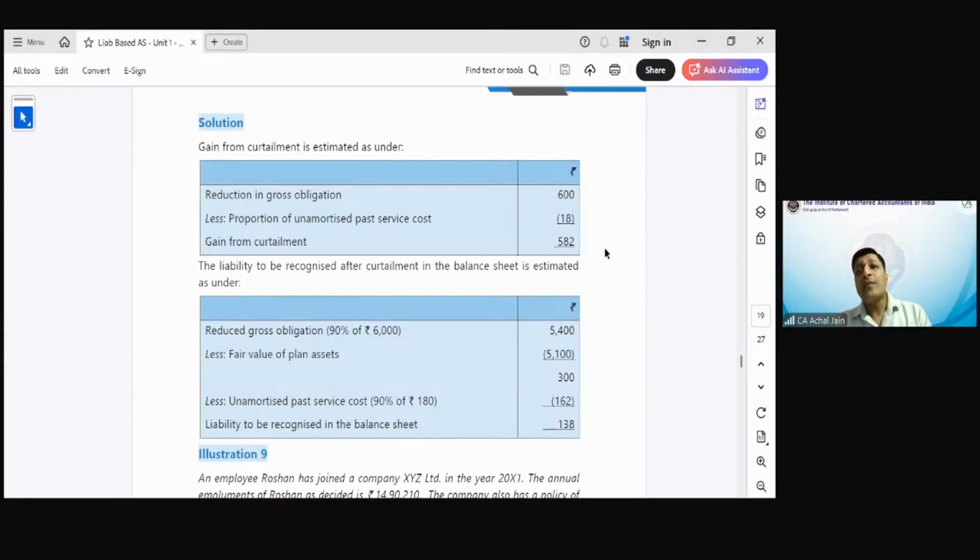Now, from the liability, do we reduce the plan asset to be presented in the balance sheet? Over to you quickly. Do we reduce the plan asset? Yes or no? Deepika says yes. Chirandeep is also saying yes. So we record it on a net basis.